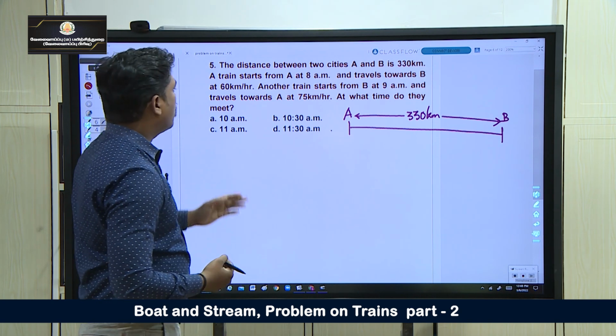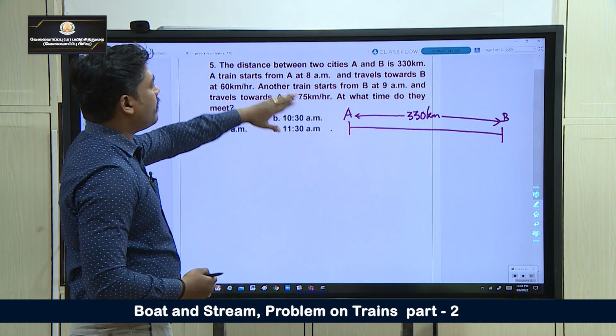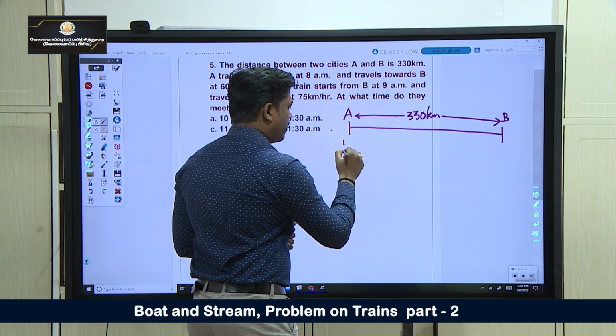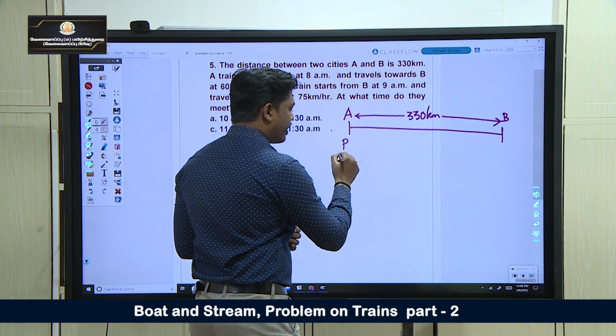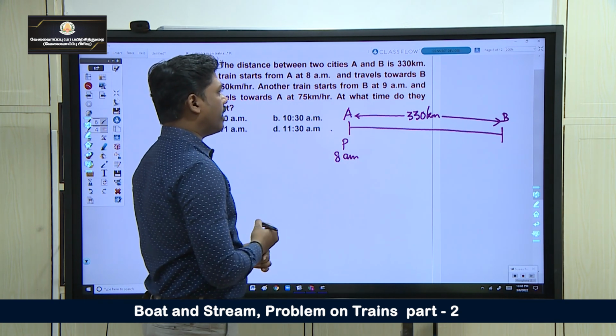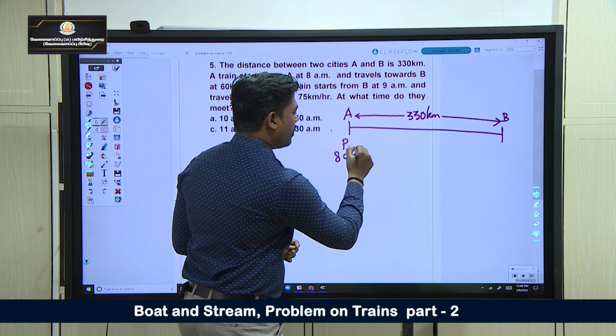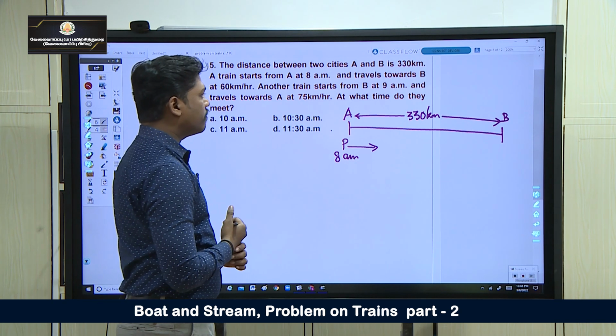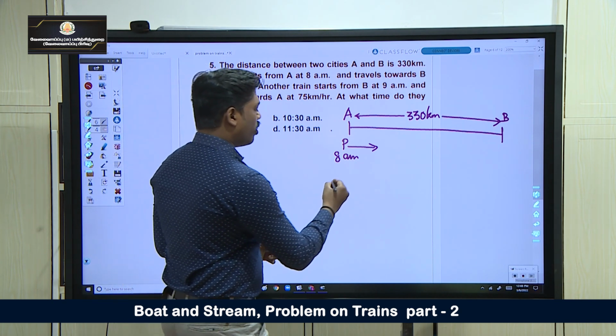Is that clear? Now, a train starts from A at 8 a.m. Let me take this train as P. It starts at 8 a.m. from A and is traveling towards B at 60 kilometer per hour.